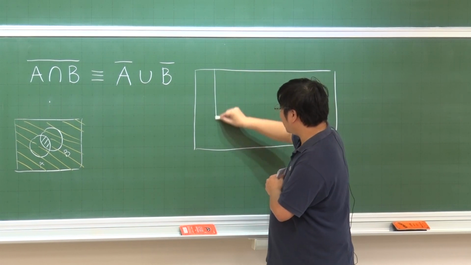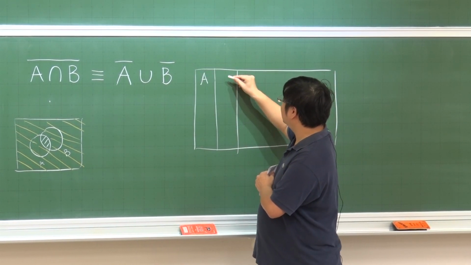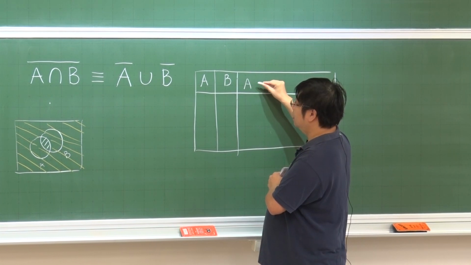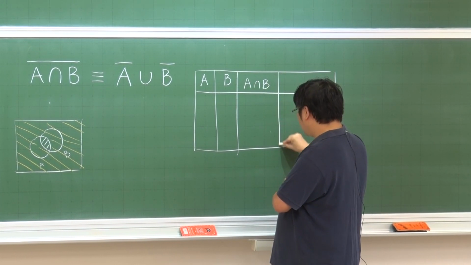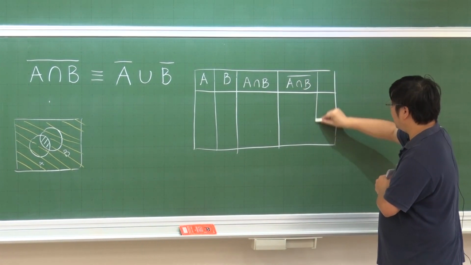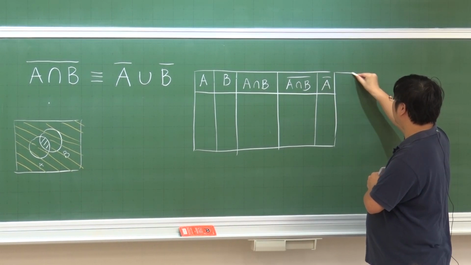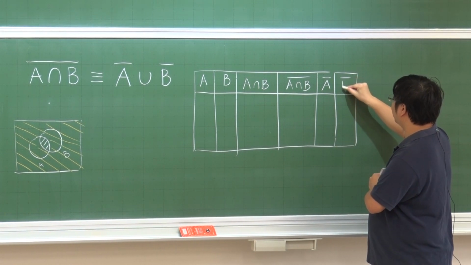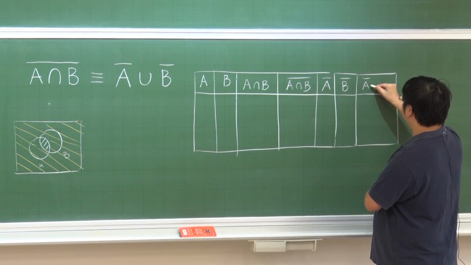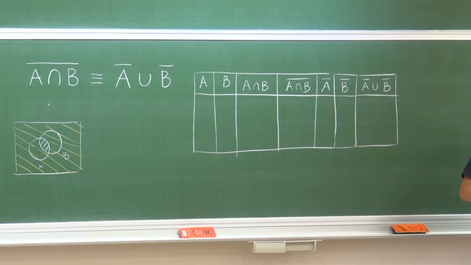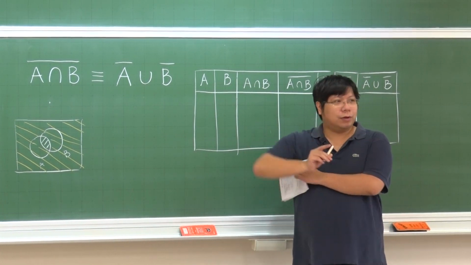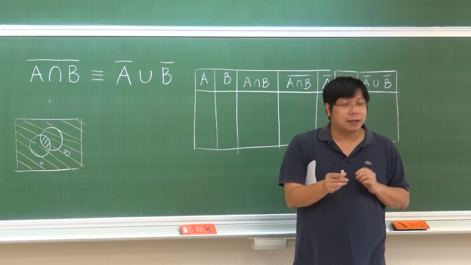So we write down A here, B here, A intersect B, the complement of A intersect B, and then the complement of A, the complement of B, and then the complement of A union the complement of B. If you look at a particular item, there are four different cases we can think about.